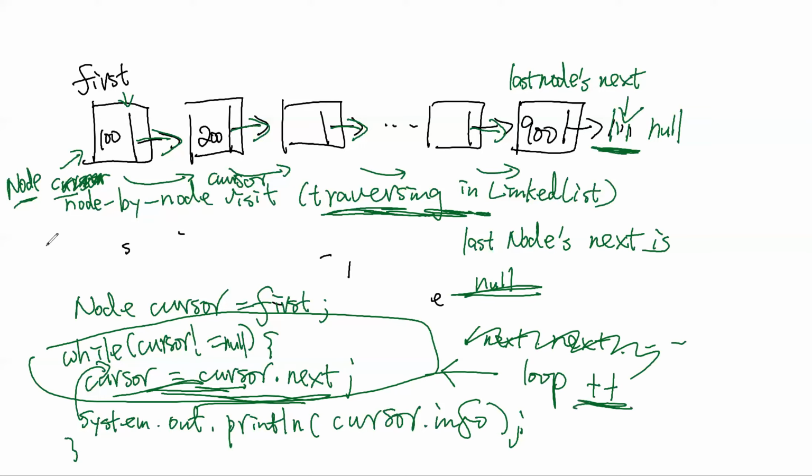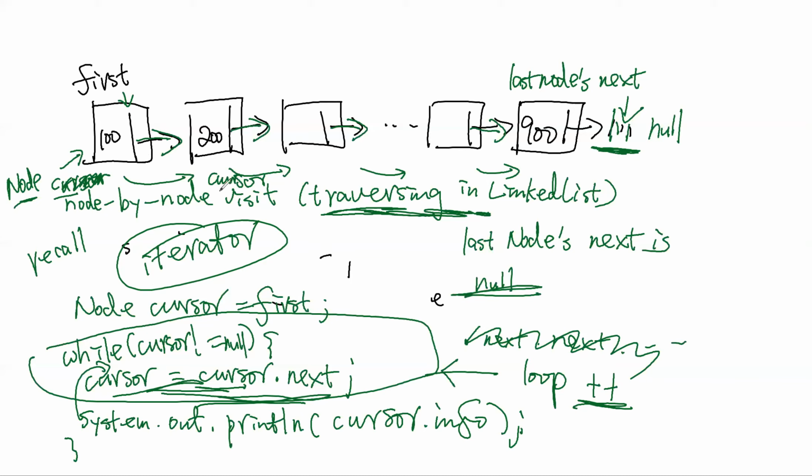And also, if you recall, previously we learned the concept of an iterator. Do you remember? So basically over here, this cursor is kind of like that iterator. The cursor can advance.